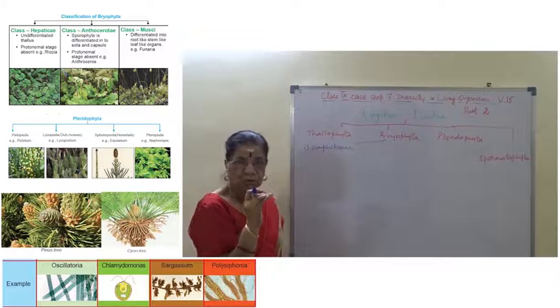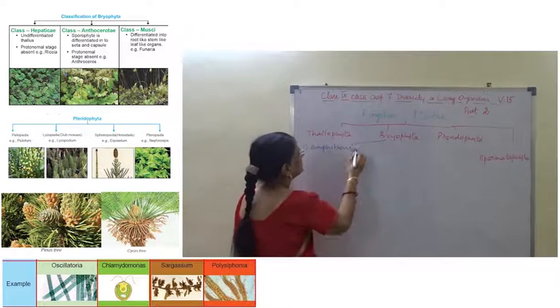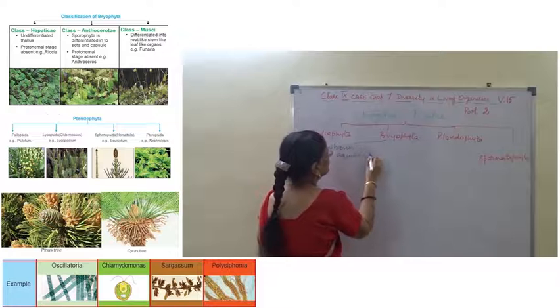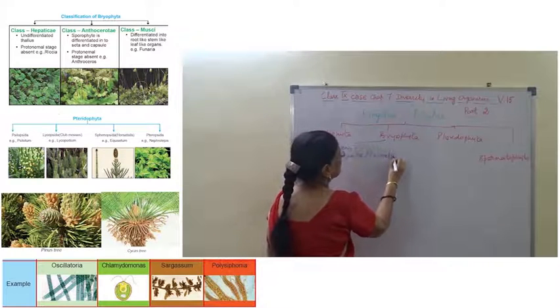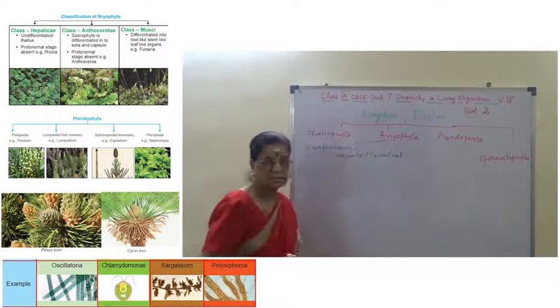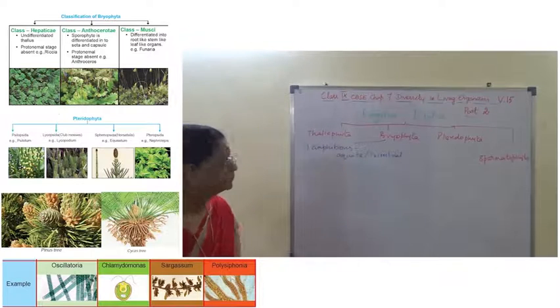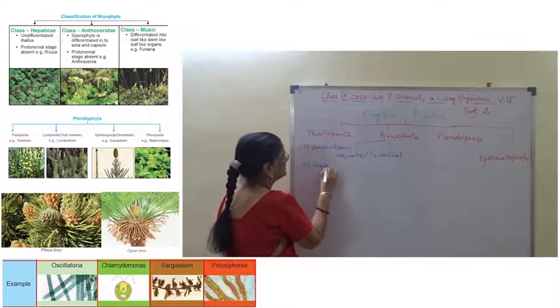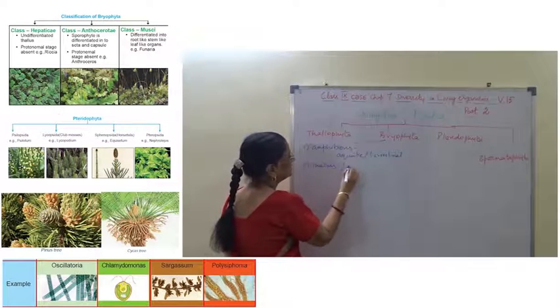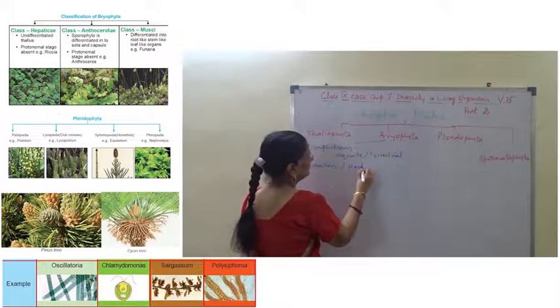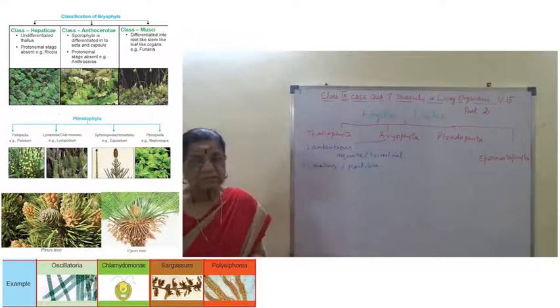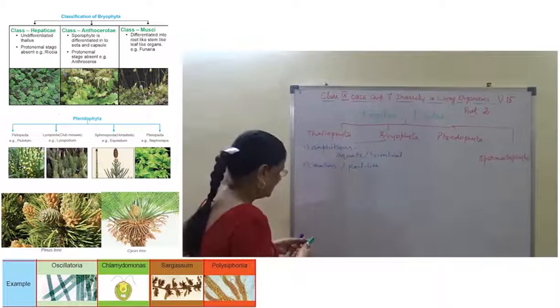So it has both aquatic and terrestrial habitat, aquatic and terrestrial condition. Are you clear? And then the plant body is thallus and also plant-like.